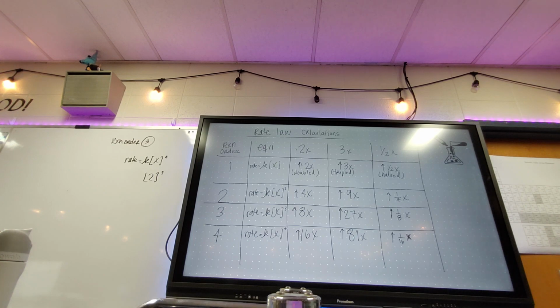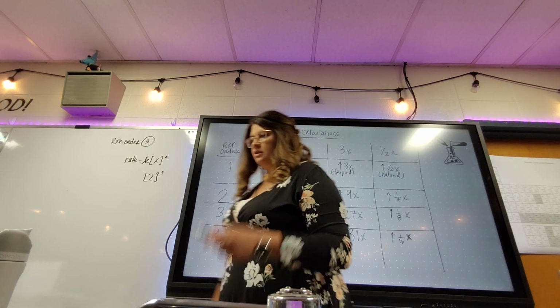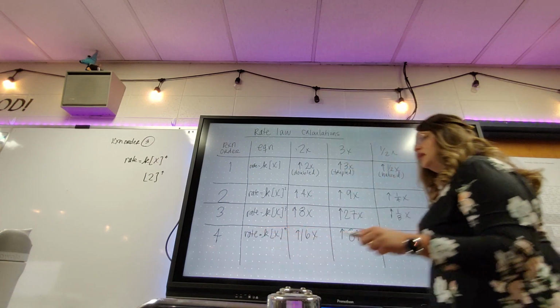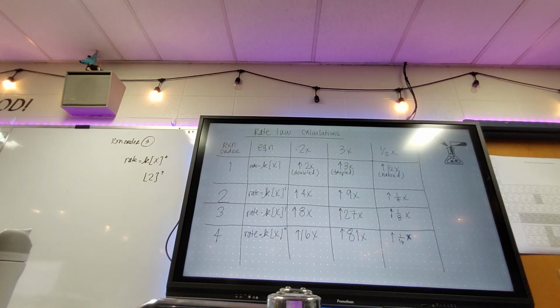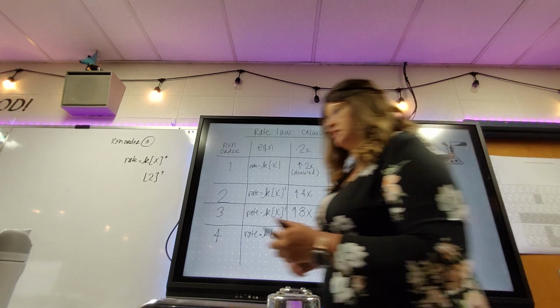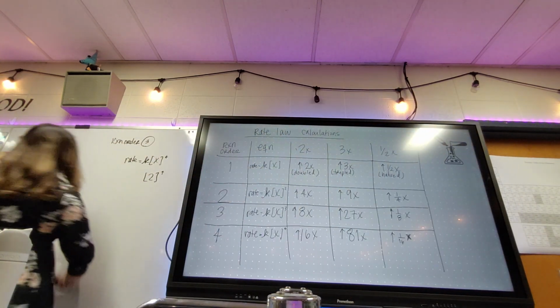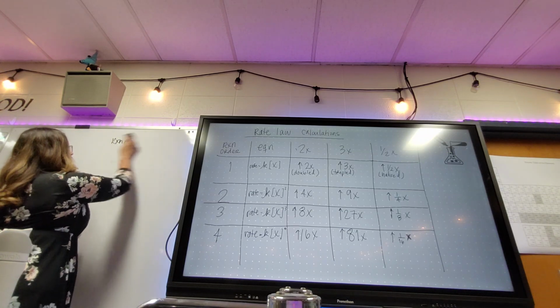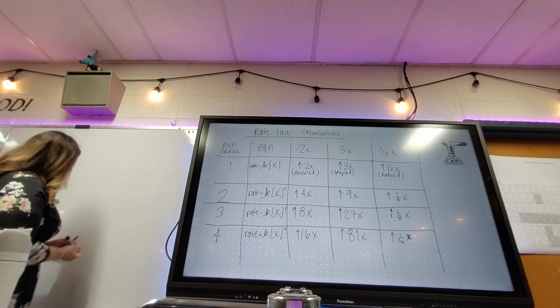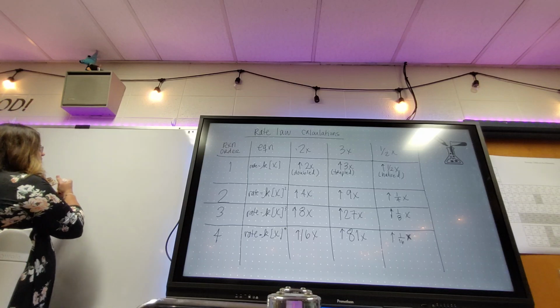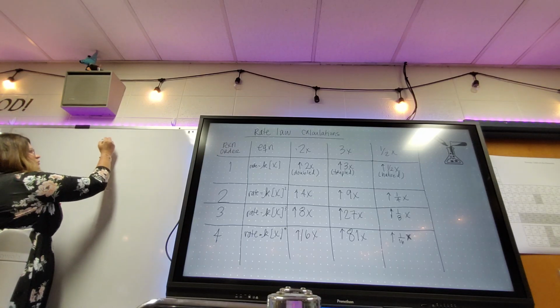Okay, so let me show you how to use this. Going to your homework on the last page, I believe that very first question asks you these types of questions. So that I think is question number 4. Can somebody please tell me what the rate law is for number 4?